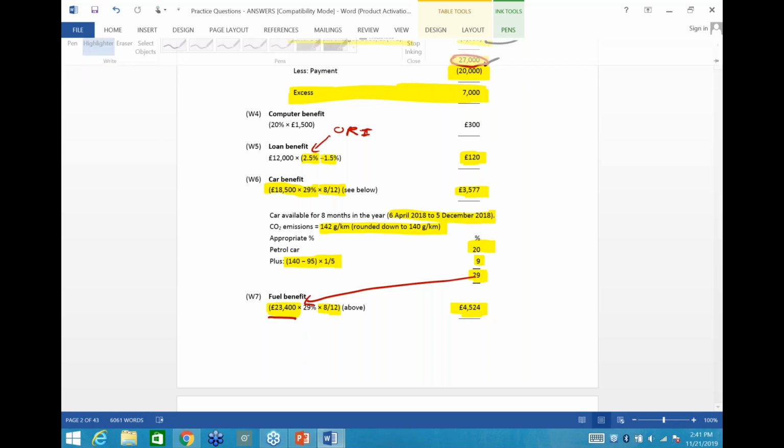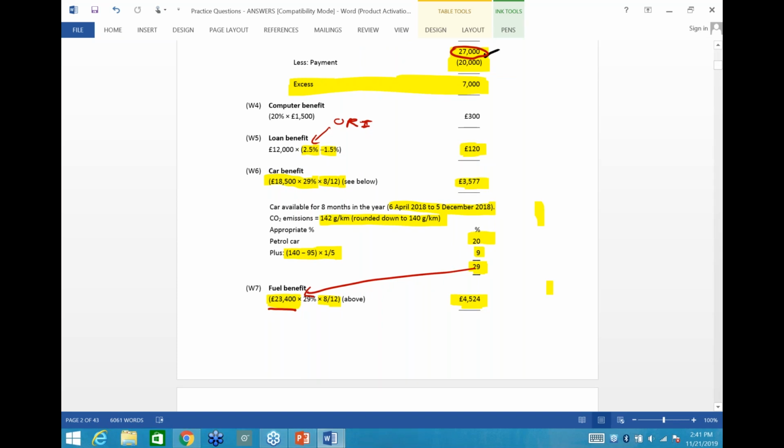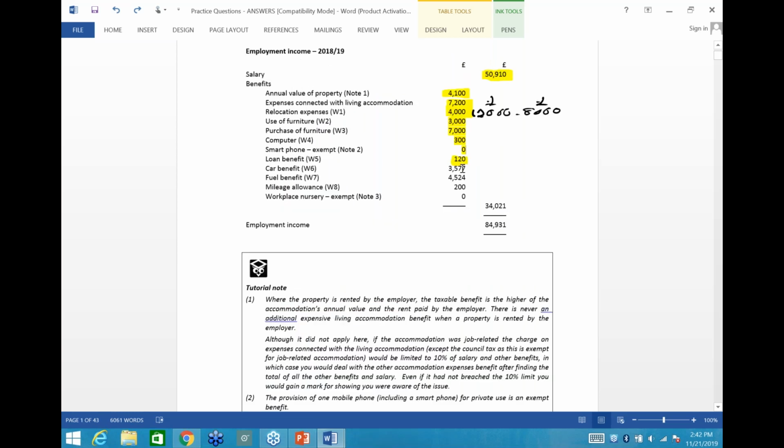Accordingly, your car benefit is 3,577. Fuel benefit is 4,524 pounds. Then we'll read the latter part of the question.